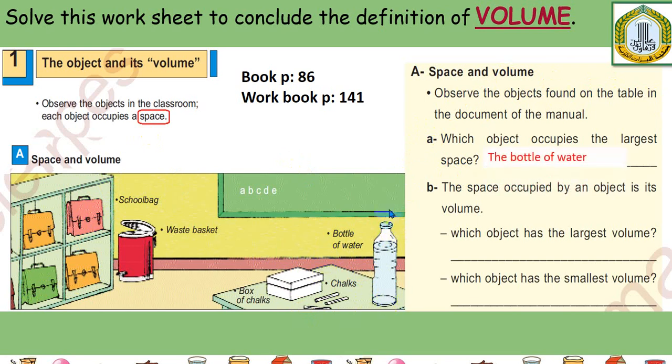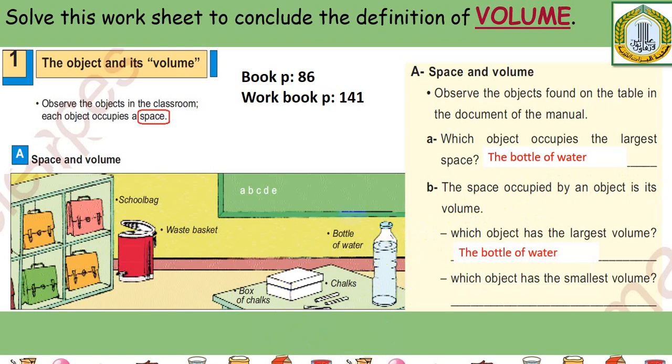Excellent. Now, observe here, the space occupied by an object is its volume. So which object has the largest volume? Of course, from these here, it is the bottle of water. You are excellent.